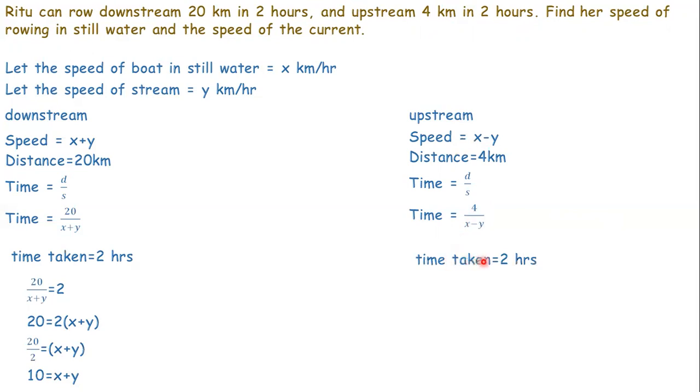The time taken to travel upstream is 2 hours, it is given. So 4 by x minus y is equal to 2. Now cross multiply. So 4 is equal to 2 into x minus y. 4 by 2 is equal to x minus y. 2 is equal to x minus y.